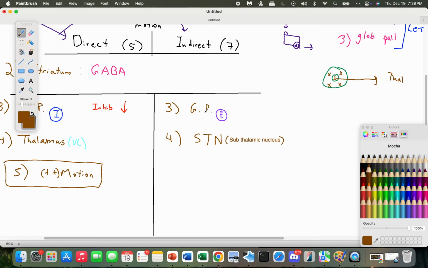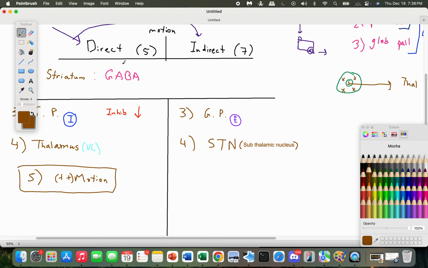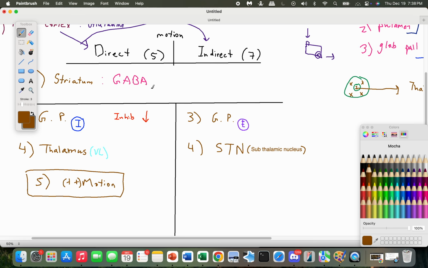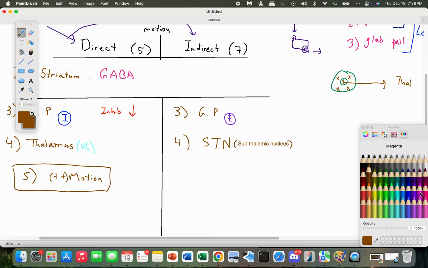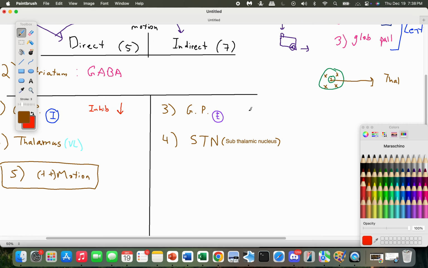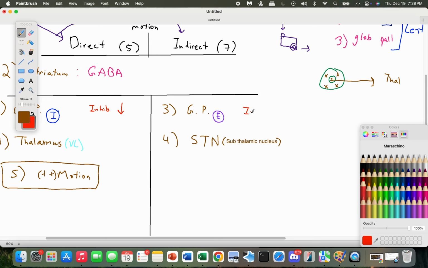So the globus pallidus externus is going to talk with the subthalamic nucleus. And remember how up here we have the inhibitory signal, which is going to cause an inhibition on the GPE. So let's just write that in. Inhibit.